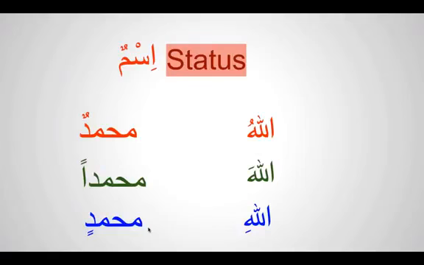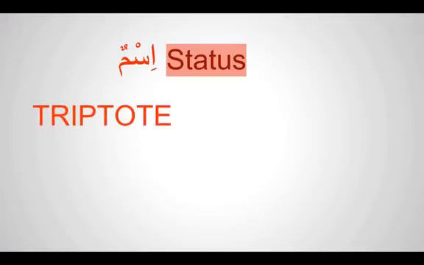This is the status. And we learned that this is called declension, where the noun is declining from dhamma to fatha to kasra. And when a noun declines completely, we call it a triptote. And we learned that there are certain nouns which do not decline completely, and those are called diptotes.